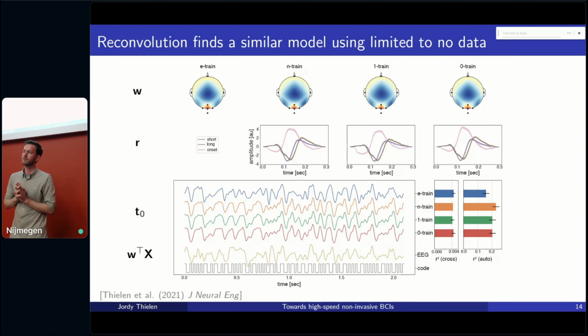Now I'm saying, but wait a second, we also have training. The model that has the same testing parameters, number of classes and these things, that has a shorter training time, has to be preferred over one that has a long training time. But what is a session? Maybe it should include also the time that it took to put on the cap. So maybe we have a more practical cap. So that time should also be incorporated. We start incorporating more and more.